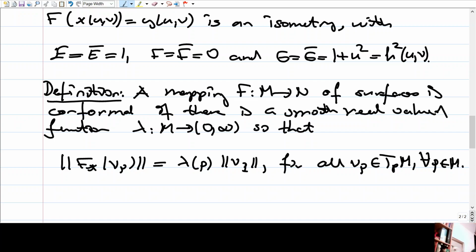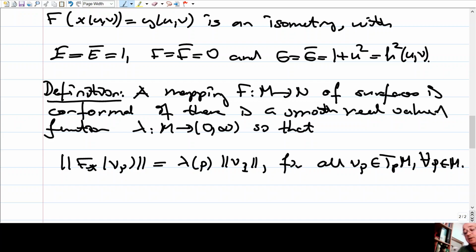So what this says is the following: F star preserves distances up to a multiple at each point. But if you are at a point, then this constant doesn't change with respect to the vector. It is the same constant for all vectors at that tangent space.